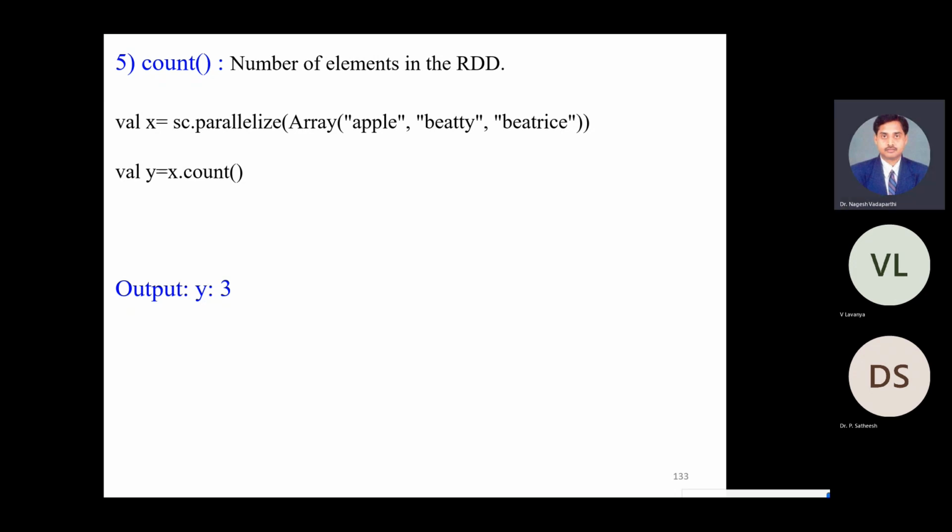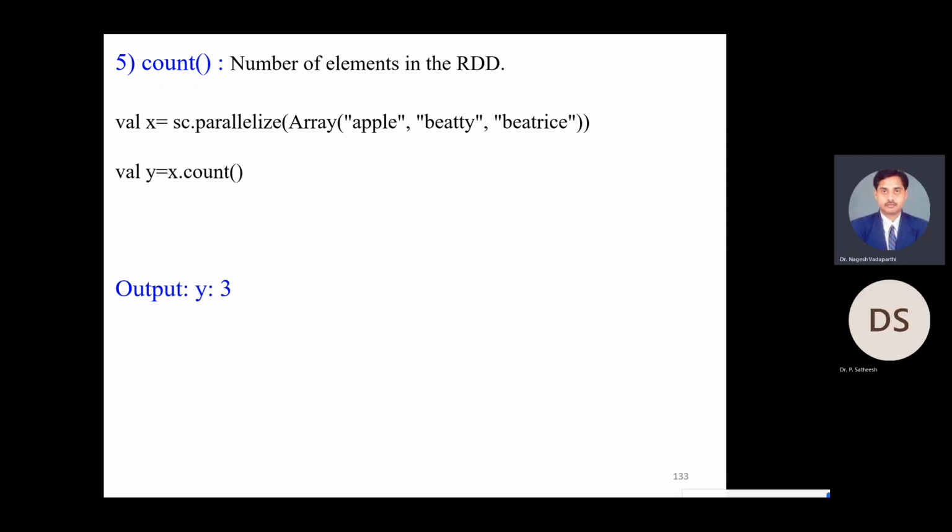Now the output value: how many are there? Apple 1, Betty 2, Beatrice 3. So it will give the count of the number of values in the x data set. x is an input data set with 3 items: apple, betty and beatrice. So the count function works properly.